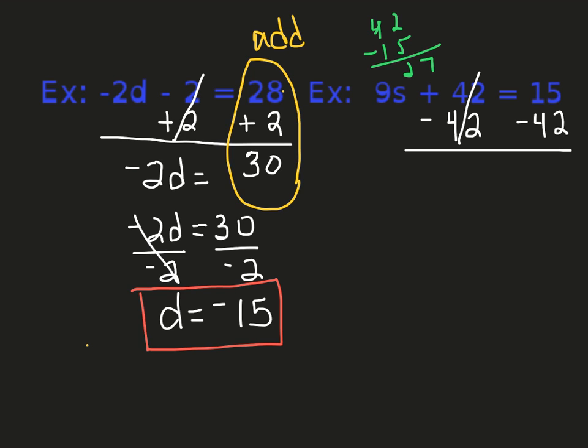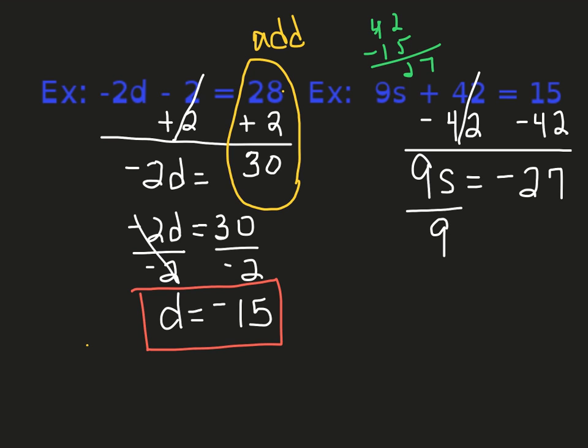So it's going to be 9s equals negative 27, because I have more negatives than I do positives. So I subtracted, got 27, and then the last part of that rule is to take the sign of the higher number. Now I'm going to move to my multiplication and division rules, because 9s means 9 times s.